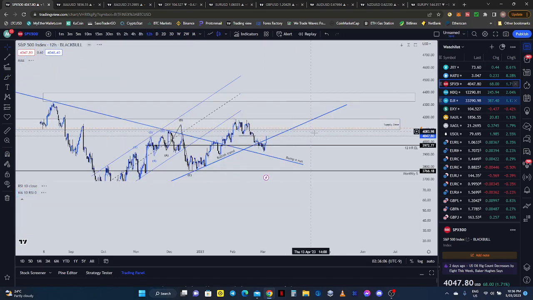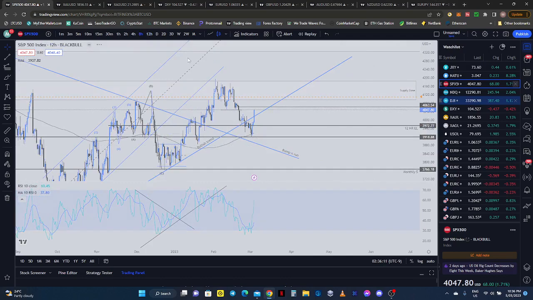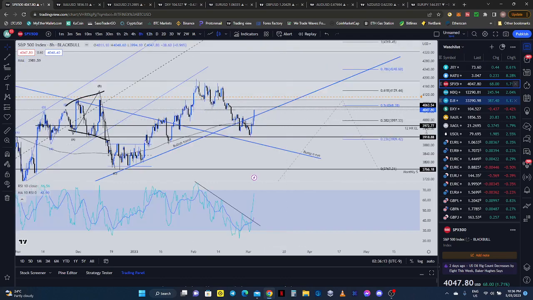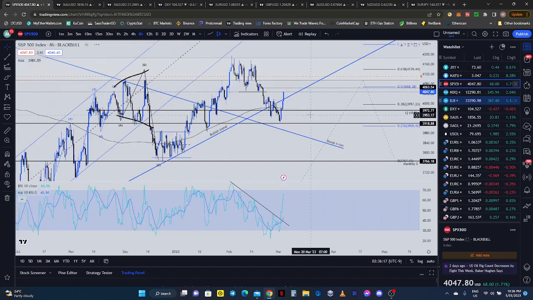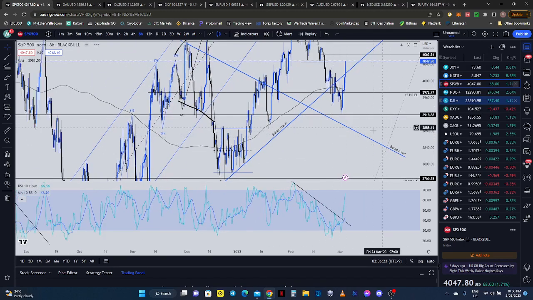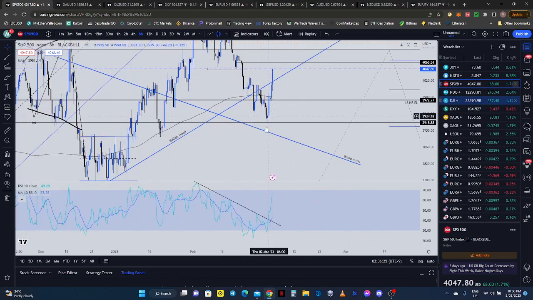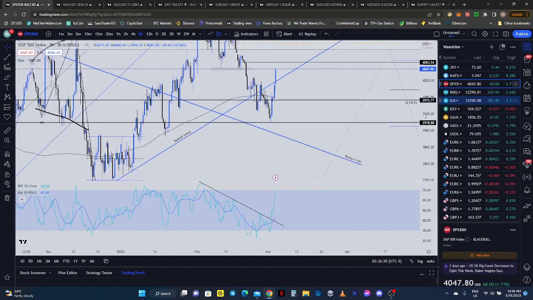Let's drop it down to lower time frames. So again, with the trend lines, and again, I wasn't watching the SPX, which is unfortunate. Had an old level through here, 39.18, that it tagged perfectly. So that would have been good if I was on it.